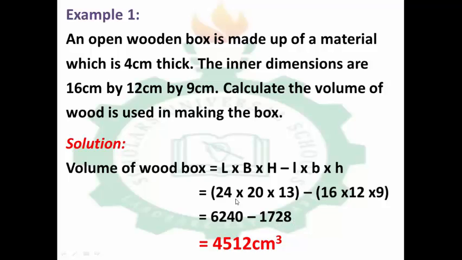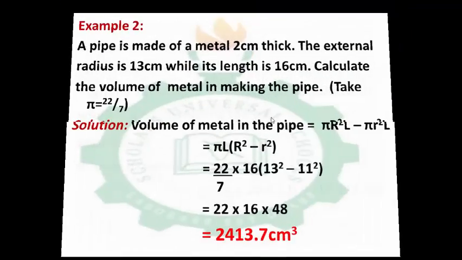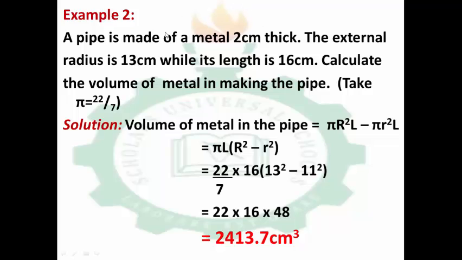Now, example 2. A pipe is made of a metal 2 centimeters thick. The external radius is 13 centimeters, while its length is 16 centimeters. Calculate the volume of metal in making the pipe. Now, the volume of metal pipe is equal to pi R square L for the external dimension, minus pi r square L for the inner.